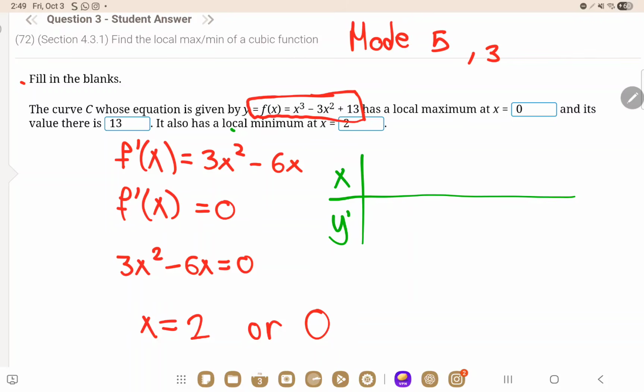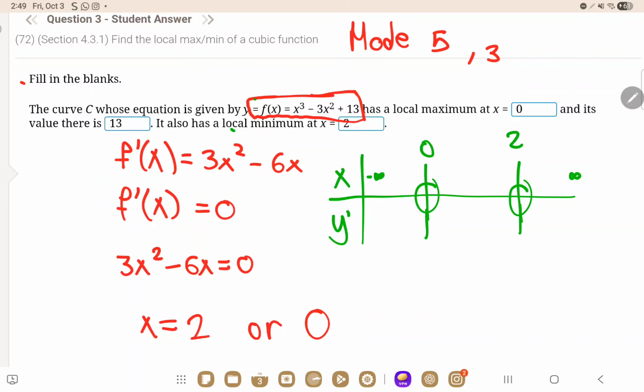So now it could either be at 0 or at 2. 0 is before 2, so you write it before 2. And this ranges from negative infinity to infinity. Now, we know at 0 and 2, it is 0.